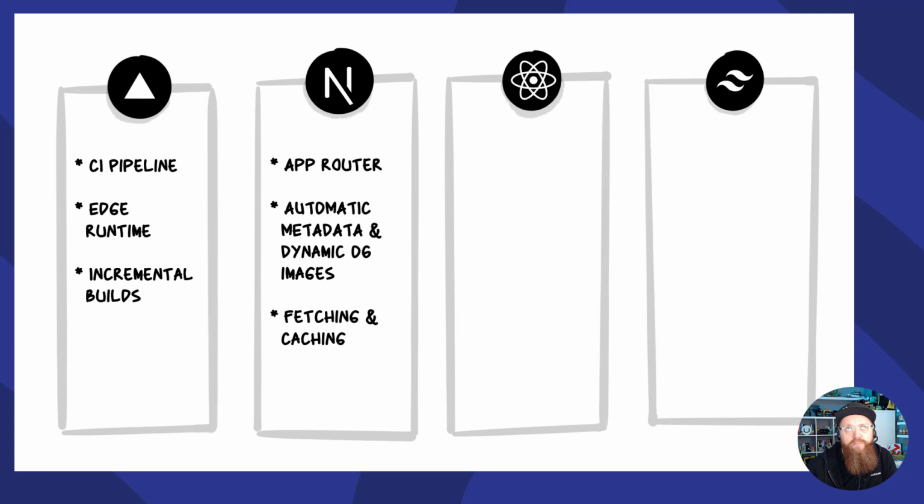For our front-end framework, we're using Next, so this gives us features like app routing or navigation, automatic metadata and dynamic open graph images, and it also is the APIs that we'll be able to use for fetching and caching any data that we get back from our endpoints.